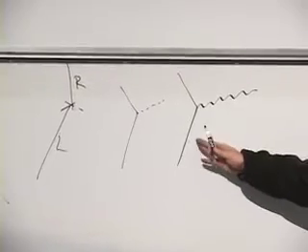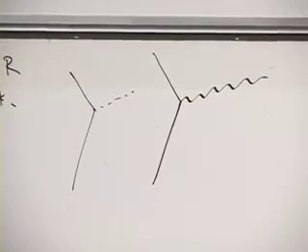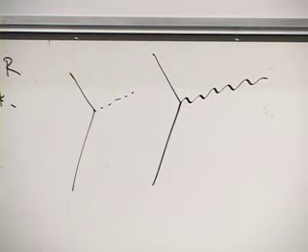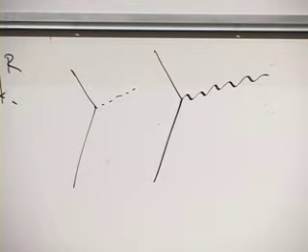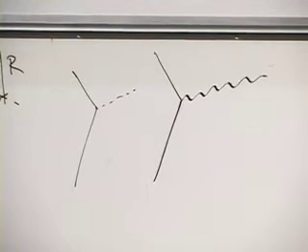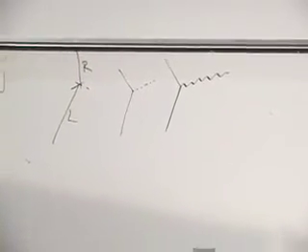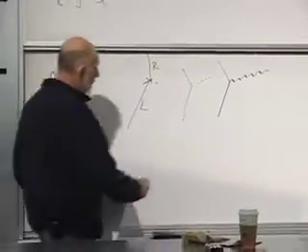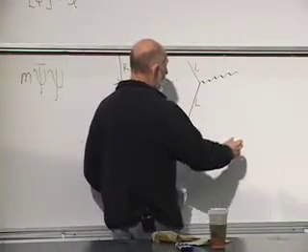In quantum electrodynamics, the only thing that can happen to an electron is it emits a gauge boson, the photon. What happens to the handedness of an electron when it emits a gauge boson? The answer is nothing. The handedness doesn't change. So emitting a gauge boson takes left to left or right to right.